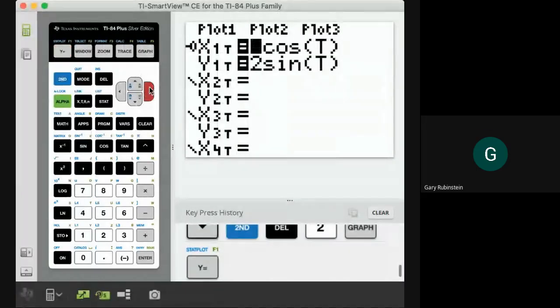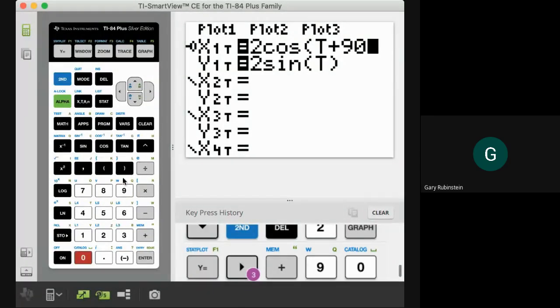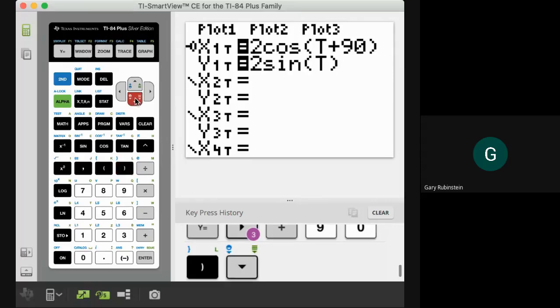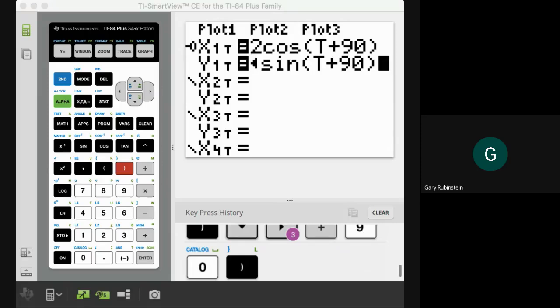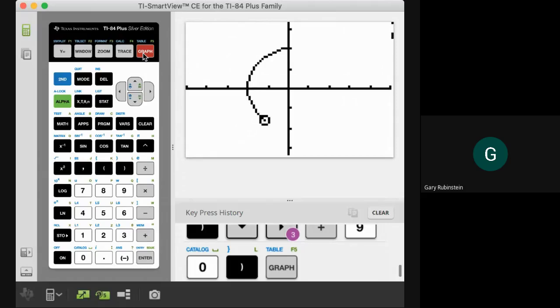Let me bring up... So if I come over here and I throw in plus 90, and over here I put the plus 90, and if you take a look at the graph, you will see it does indeed start at the point that we expected it to.